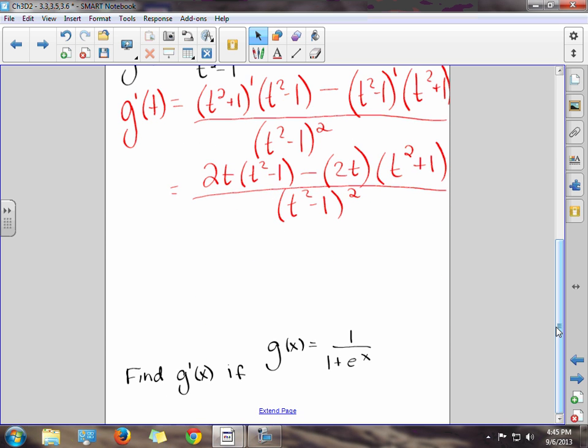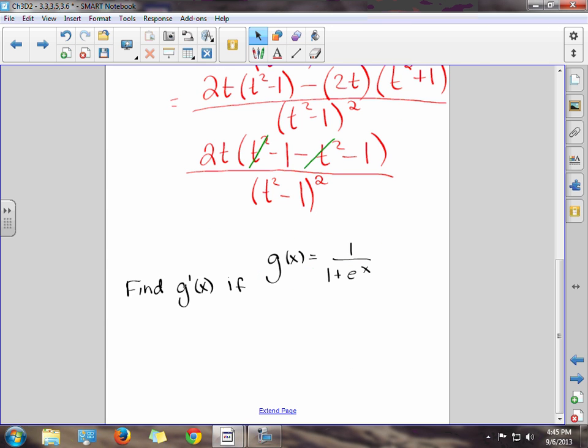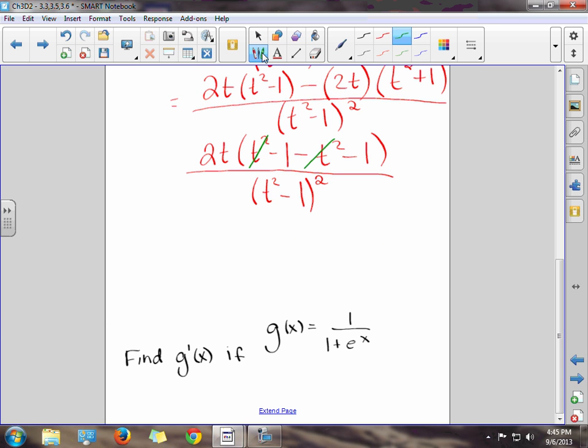I could factor out the 2t, and then I'd have t squared minus 1 minus t squared minus 1 all over t squared minus 1 all squared. And now these two squares will cancel, and this becomes negative 2 times 2t. So I end up with negative 4t all over t squared minus 1 all squared.